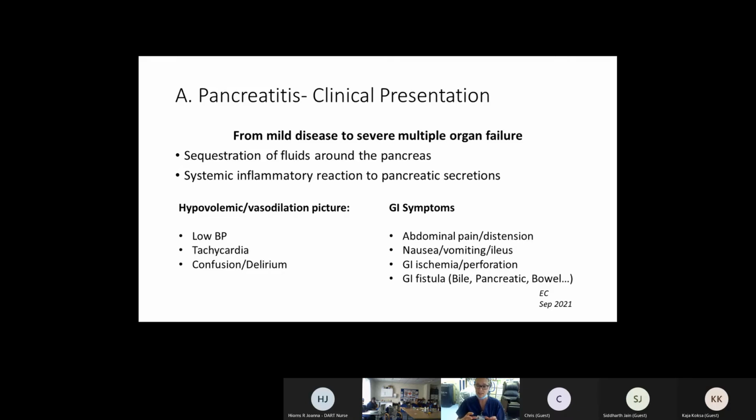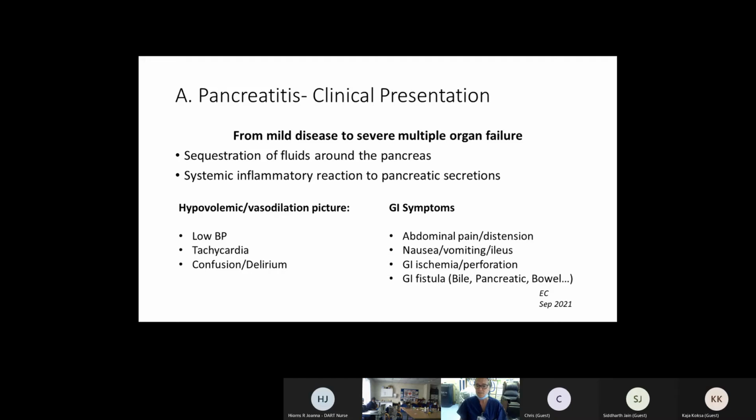And this inflammatory reaction turns systemic. It will affect the whole body. So as we said, it's very common to have this hypovolemic vasodilation picture with low blood pressure, tachycardia, confusion, delirium.